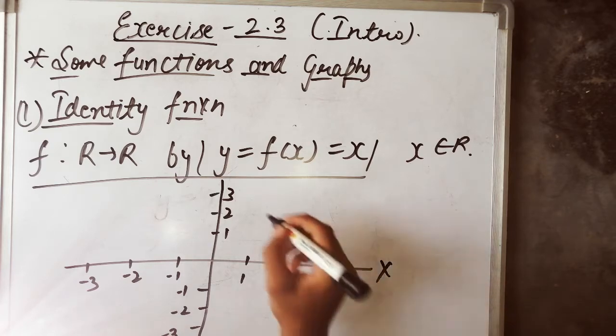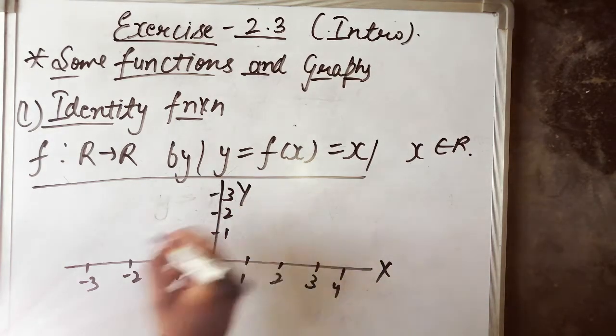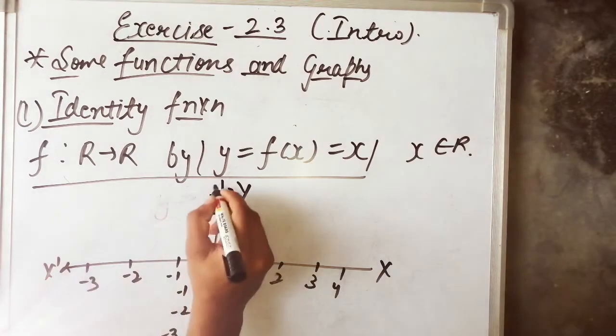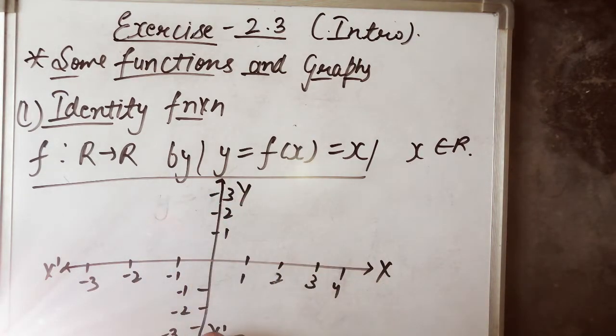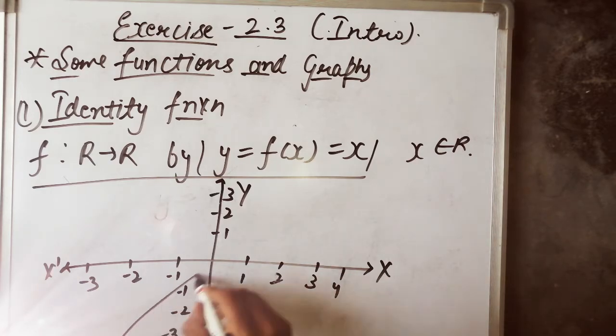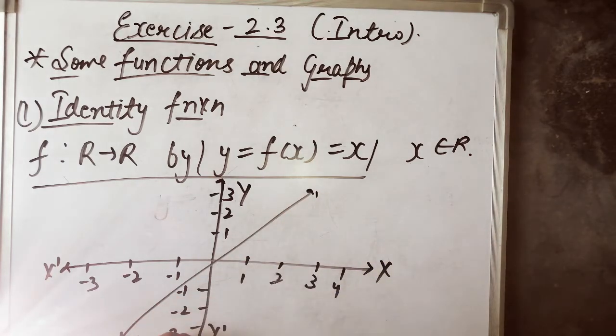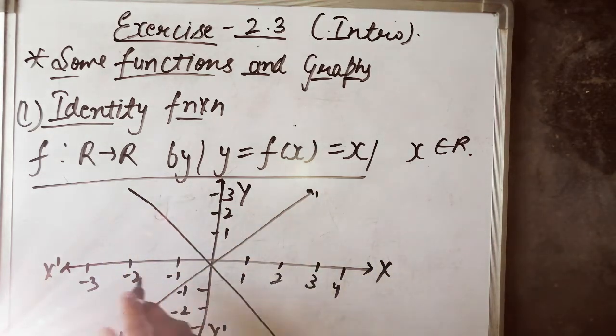This is the y, x', y' axes. The real identity function gives us a line like this, or it can also be like this or something else.